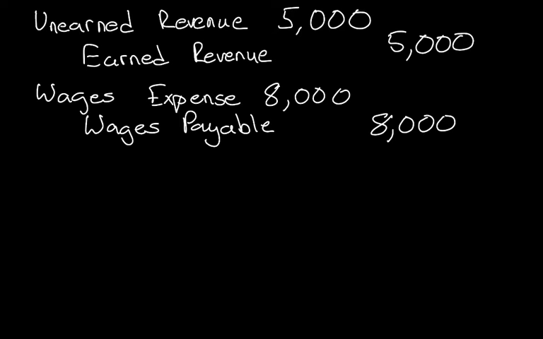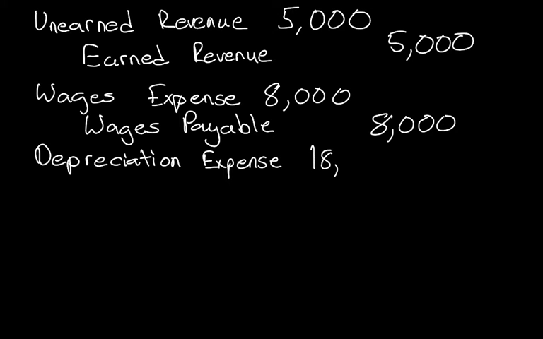Now C says depreciation on the company's equipment for 2013 is $18,531. Now, when we have depreciation for the period, we debit the depreciation expense account for the amount that depreciated, and that will be $18,531.